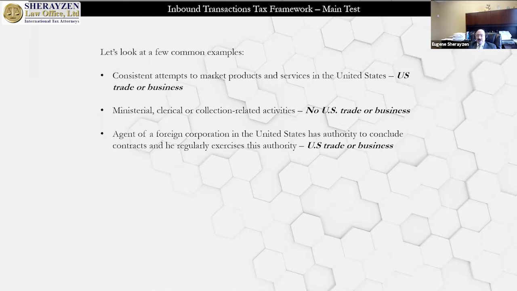I'm pretty sure that a lot of you have dealt with a situation like this before, where a foreigner sets up an LLC, say in Delaware, simply to collect the payments for the work performed overseas, or for royalties related to intellectual property which is located overseas. So just setting up an office or an LLC in the United States for collection related activities will not result in US source income.